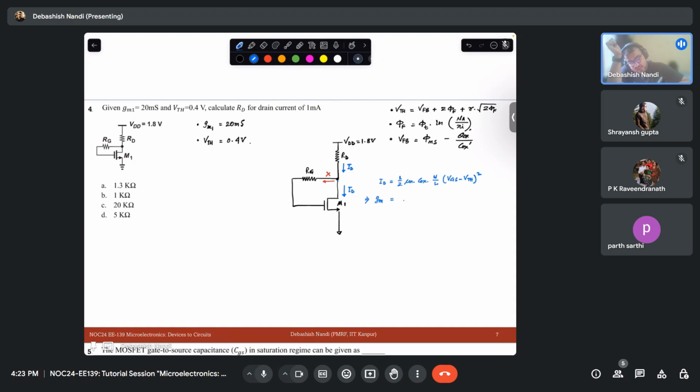GM is basically mu n C ox W over L times VGS minus VTH. GM is given, right? GM is given as 20 millisiemens. So mu n C ox W by L times VGS minus VTH, you know.